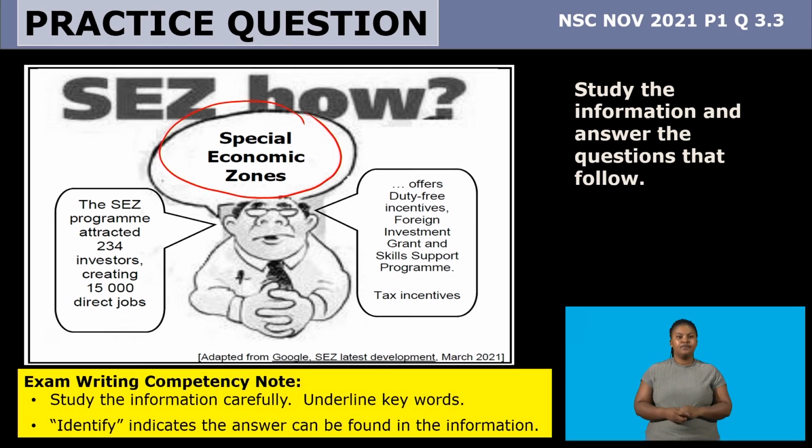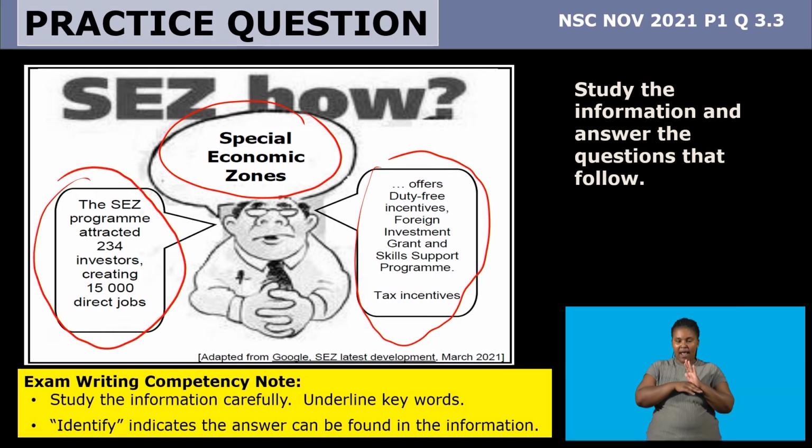Then what they offer is duty-free incentives, foreign investment grant, and skill support program, as well as tax incentives. Here it says the SEZ program attracted 234 investors, creating 15,000 direct jobs. Now, the questions.